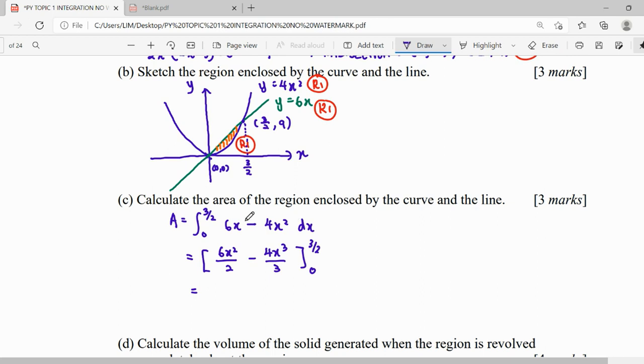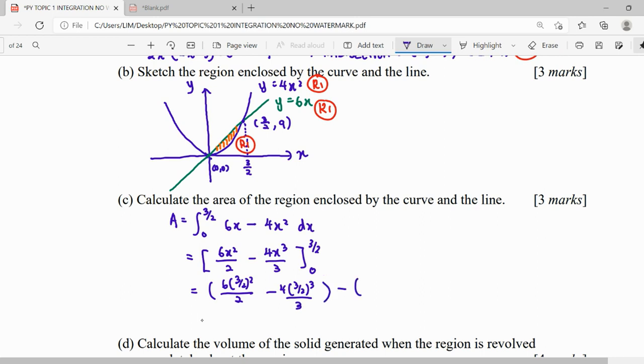Then you can see the first step, we write out the formula to find our area. Second step, doing integration. Third step, writing out upper limit minus lower limit. And the fourth step, we're going to evaluate. So for this part, we will write out 6 times (3 over 2) squared over 2, just a process of writing.